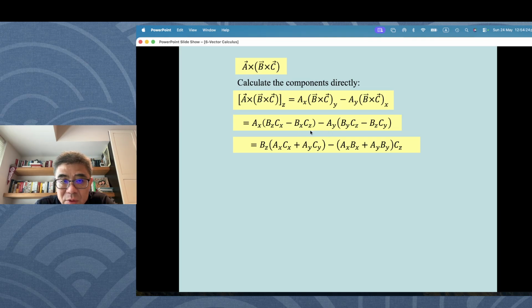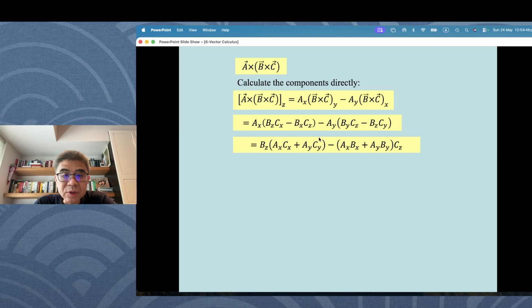However, you can take a look and see that if you look at BZ here and BZ here, you find that the thing it multiplies is AX CX here and AY CY there.